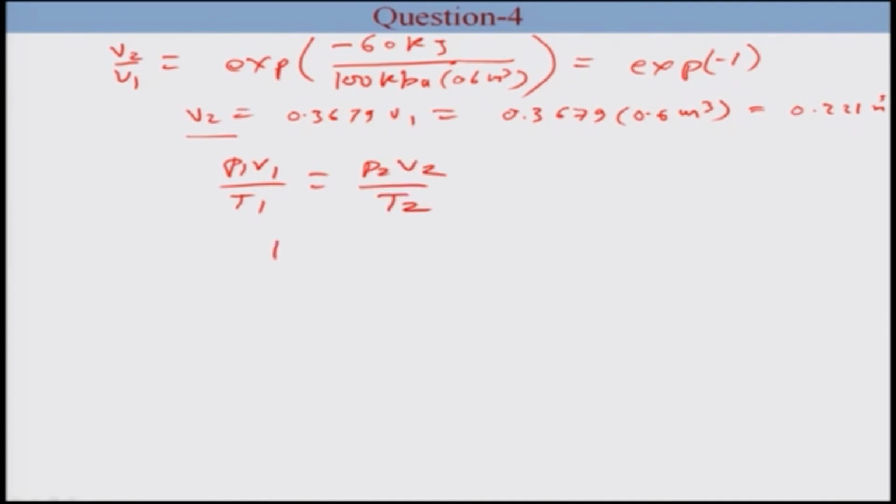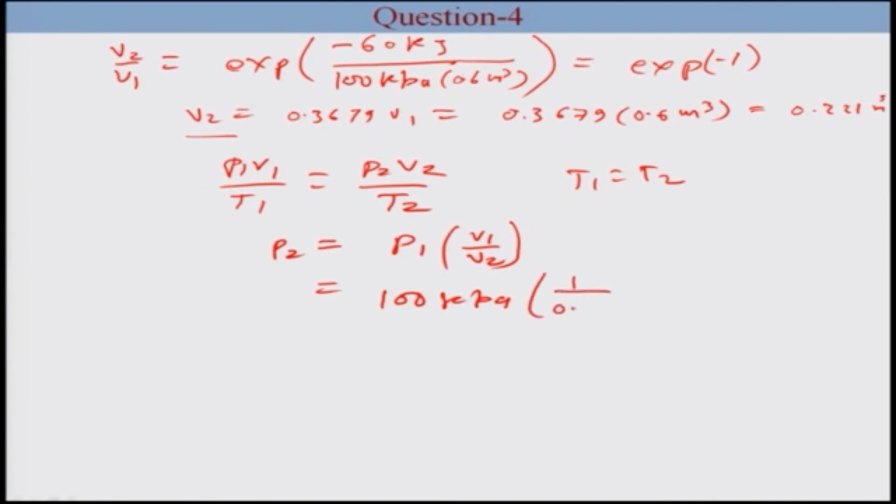So P2 will be P1 times V1 upon V2, because this is an isothermal process. P1 is 100 kilopascal, and V1 by V2 is nothing but 1 upon 0.3679. So this gives final pressure equal to 272 kilopascal.